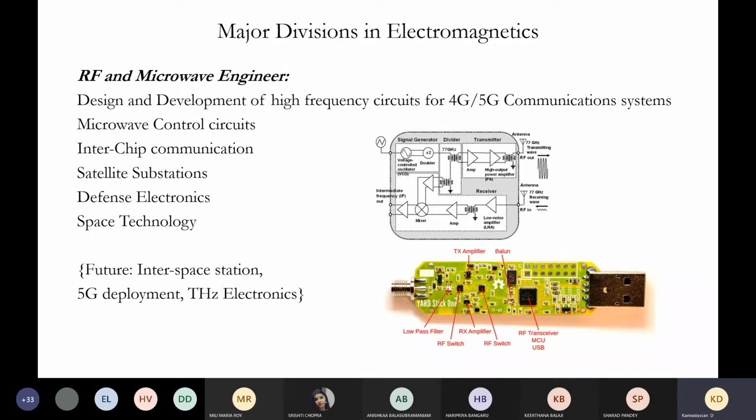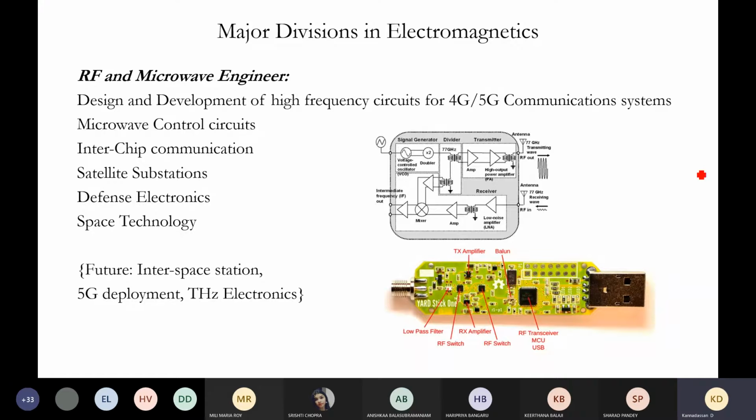So wireless will be a good choice in that case. Then satellites, and satellite to satellite communication. Of course in defense it is greatly used as radar and many other aspects. For all this we need a huge amount of manpower, and they are often referred to as RF and microengineers. In future, particularly in 5G deployment and terahertz electronics, we have so many requirements in that regard.